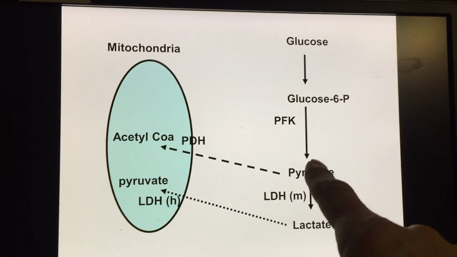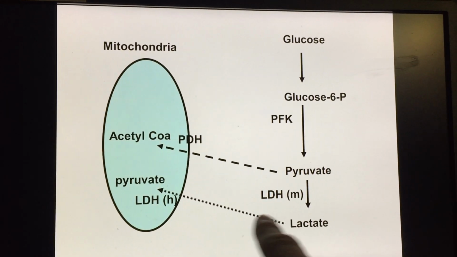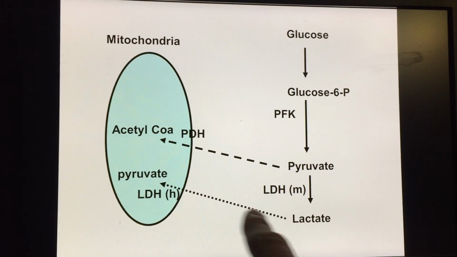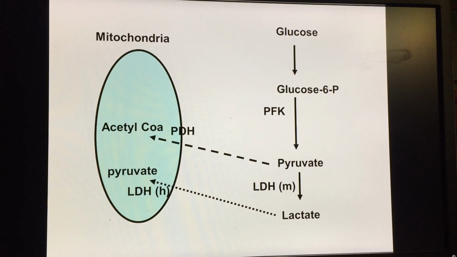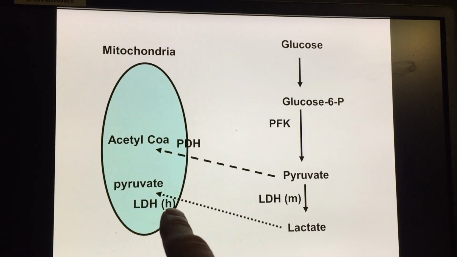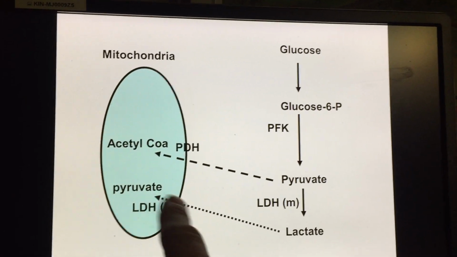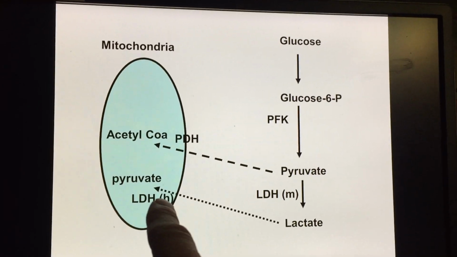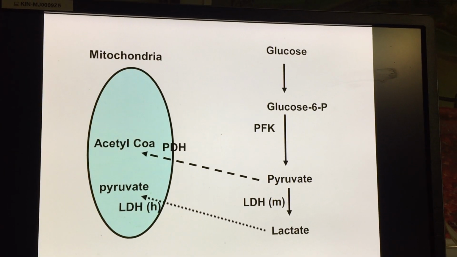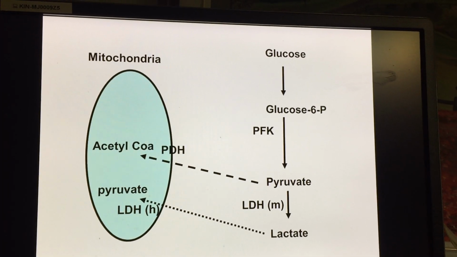So the M form converts pyruvate to lactate. The lactate dehydrogenase H form converts lactate back to pyruvate. This M stands for muscle. This H stands for heart. So this would be very high in cardiac tissue or heart tissue because your heart is like a very aerobic muscle.